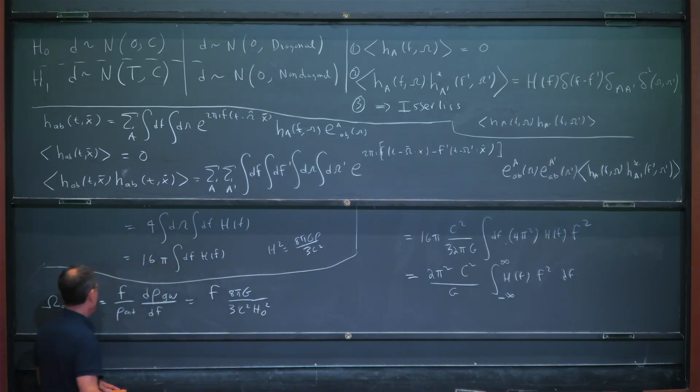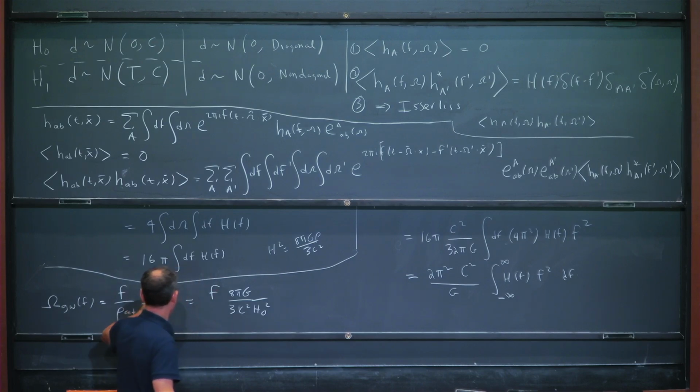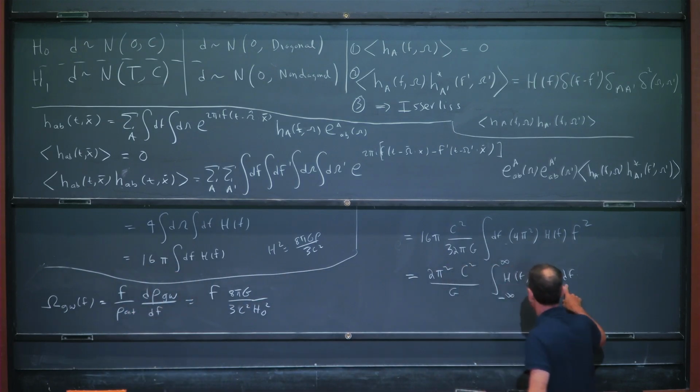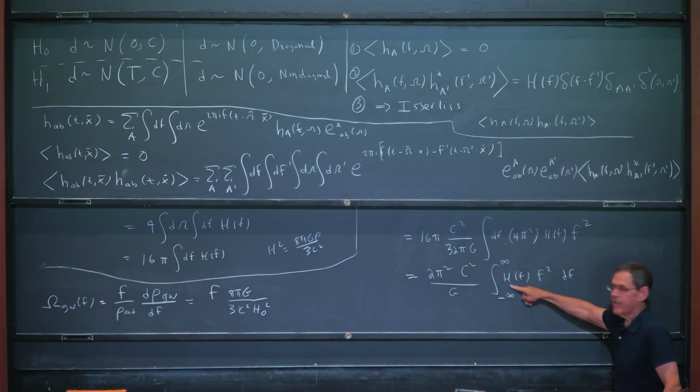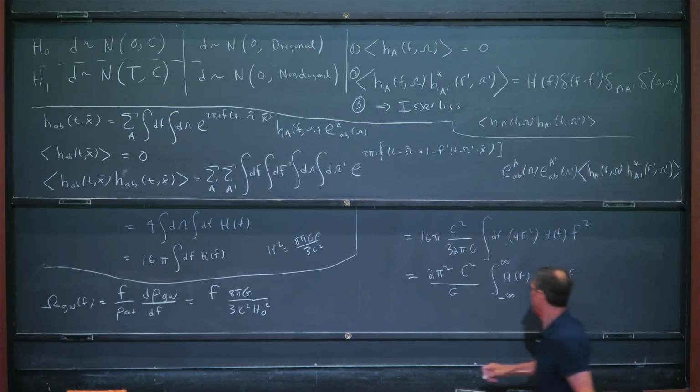So I've got my factor of f, and my factor of 1 over rho critical. And finally, I need to know the energy density between frequency f and df. That's exactly this integrand with a factor of 2, because we want one-sided and not two-sided, based on our physical definition. And so I'll just read it off here.